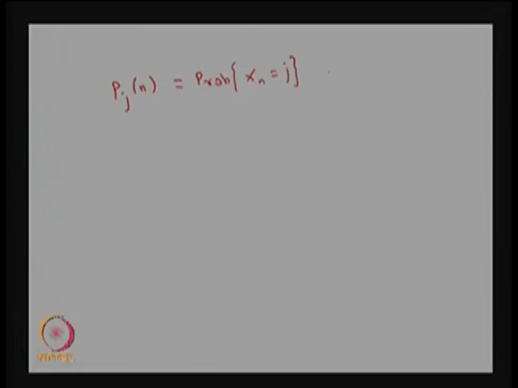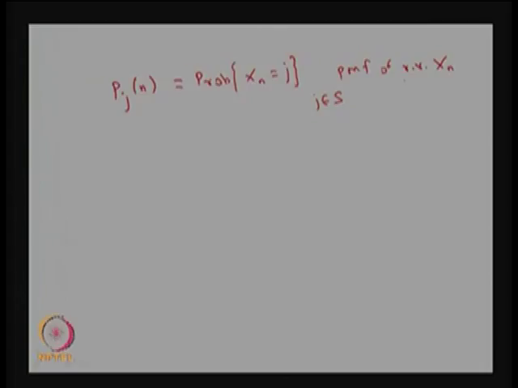This is the probability mass function of the random variable xn, where j belongs to the state space capital S.